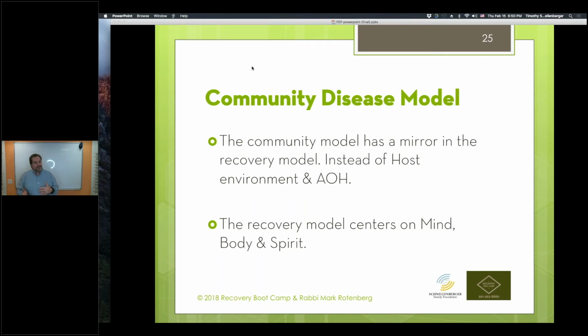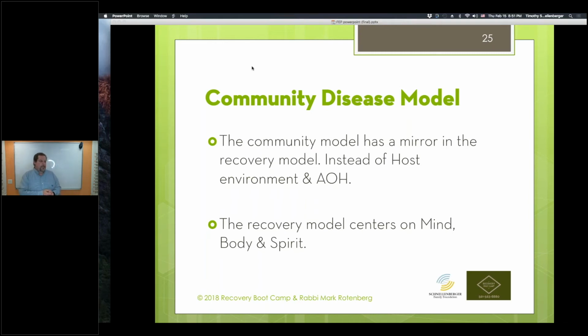And again, I know it seems like it mirrors the medical model more, but it actually doesn't. It takes the host and understands that the host is both a part of the environment and a part of the agent of harm, and then splits the host itself into the three components of inherently what makes a person, right?